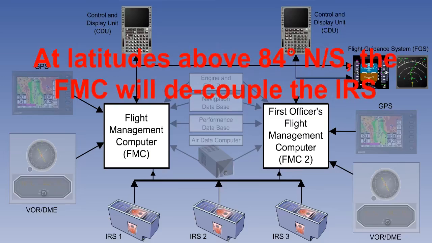When operating at latitudes above 84 degrees north or south, the FMC will decouple the IRS, with the left FMC using the IRSs in the order left, centre, right, and the right FMC in the order right, centre, left. The reason for the decoupling is to avoid large longitude errors being created by high secant values at these high latitudes.